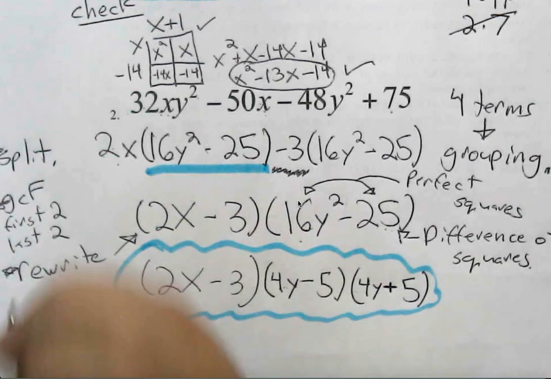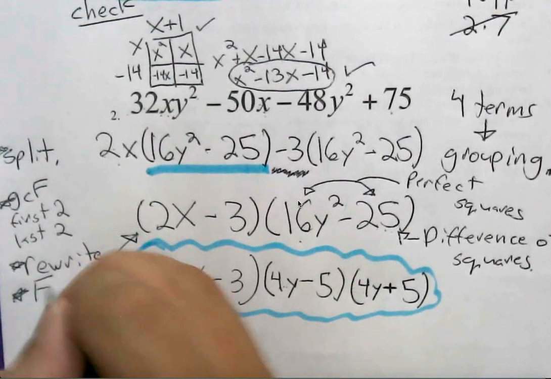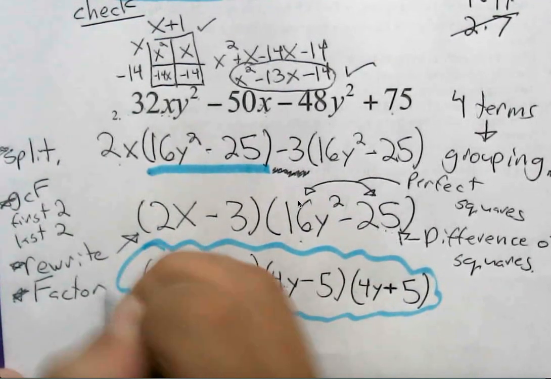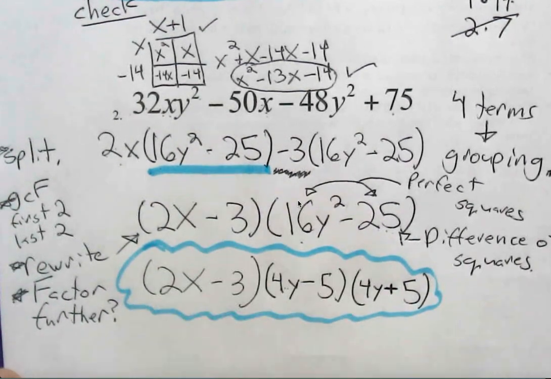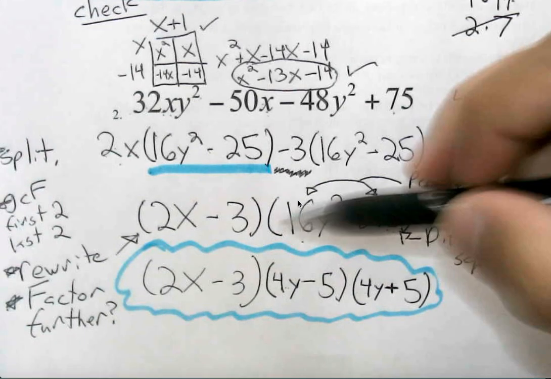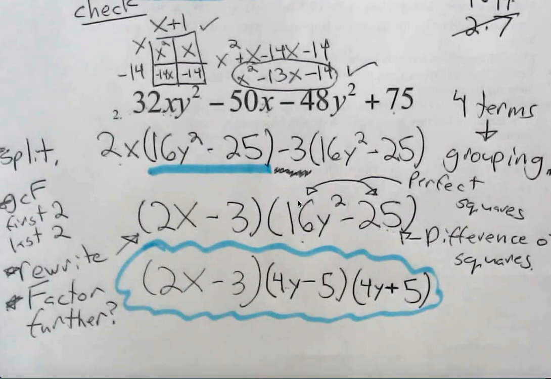Then we also notice that we could factor further. And I'm going to put a question mark here, because this is just a question you should be asking yourself. Can you factor further? Because sometimes you'll get to a difference of squares, and you can definitely do additional work. And of course, you can always check your work.